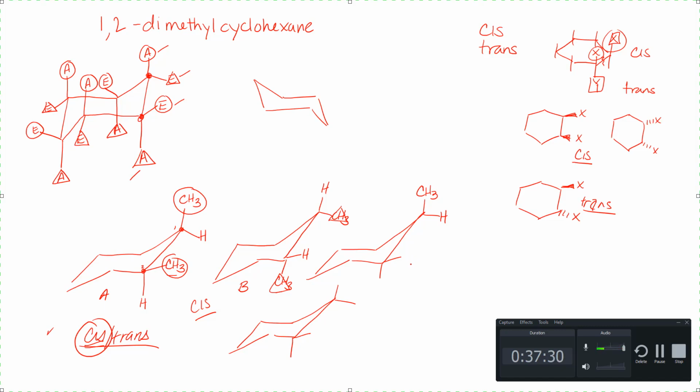Where should the methyl group go? Should it go in the equatorial position, or should the methyl go in the axial position to form trans? Where should it go? The methyl group, should it go axial or should it go equatorial? Okay, go ahead and answer that question.